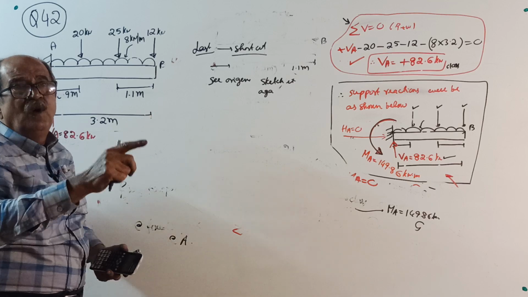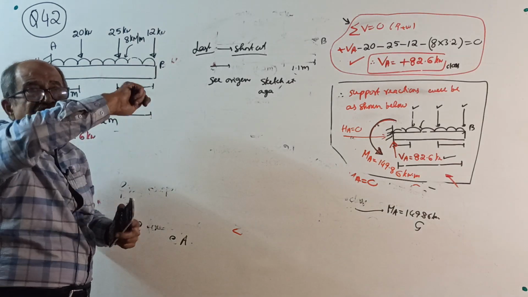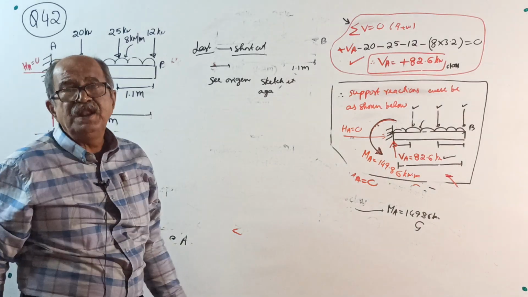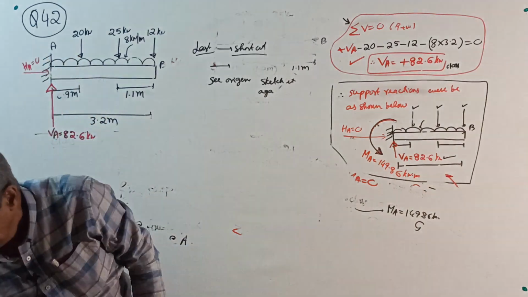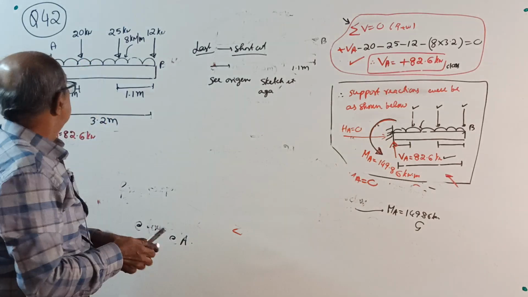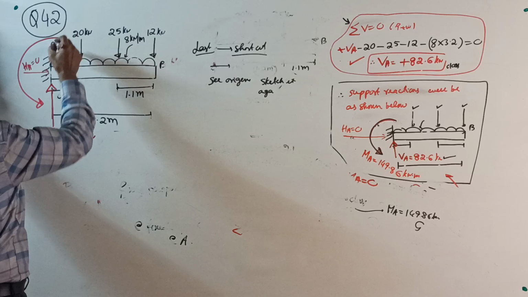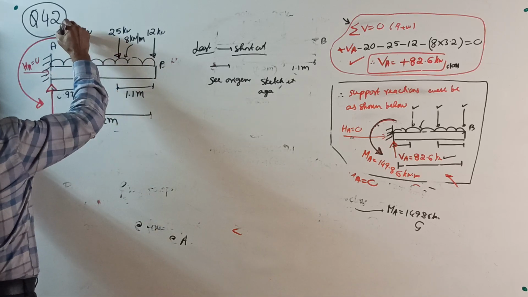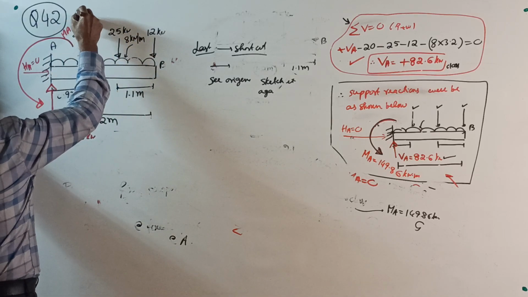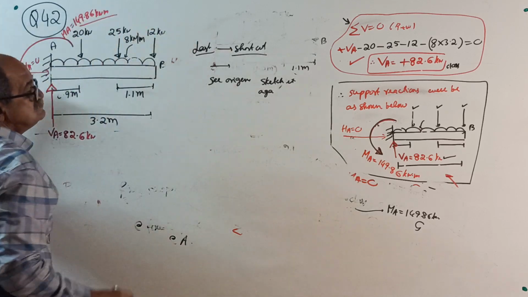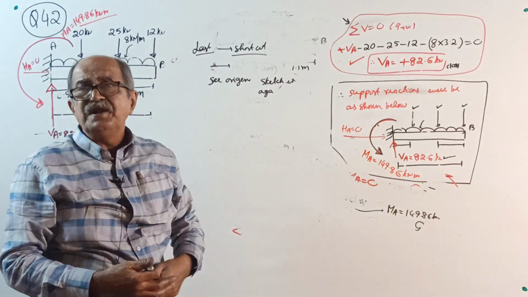All of them are clockwise, so when you add them, it gives a net clockwise moment of 149.86 kilonewton meter as the action. So the reaction MA is anti-clockwise. MA equal to 149.86 kilonewton meter, over. That is the shortest possible.